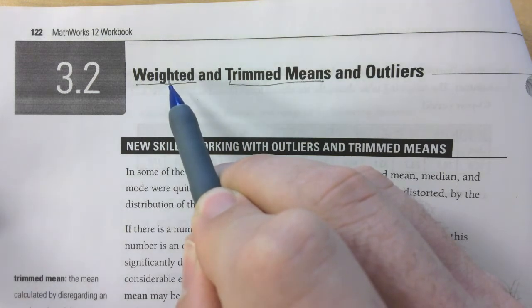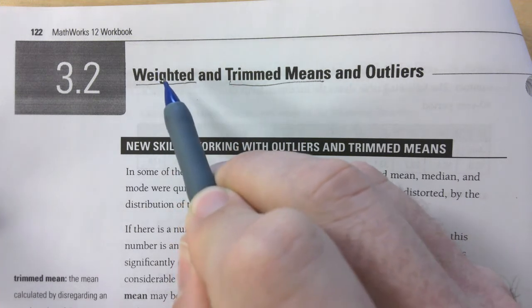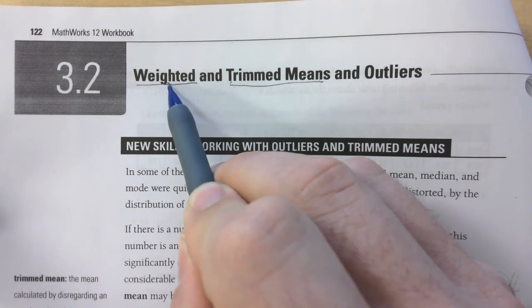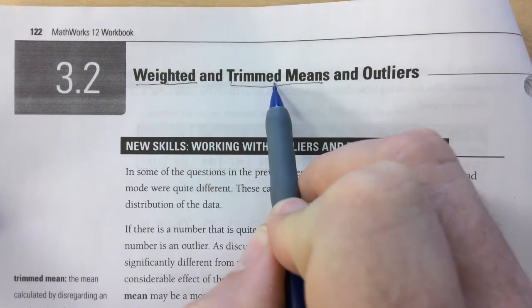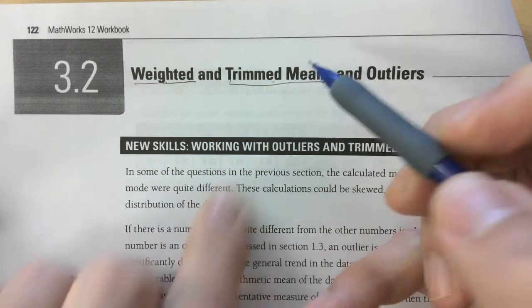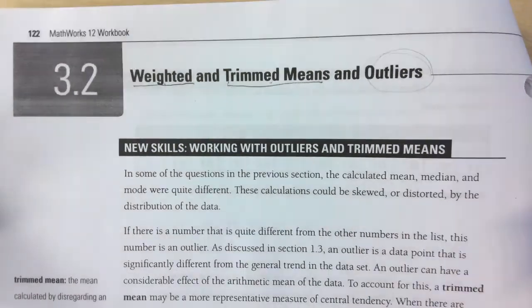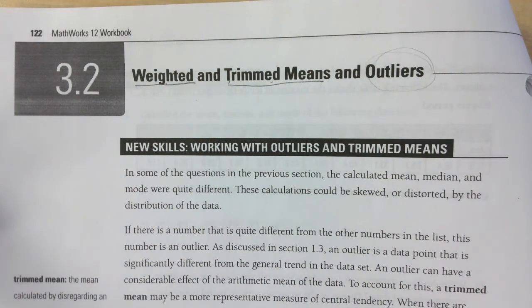Quizzes are weighted a little bit more than ACs and so forth. And then there's your exam. So weighted mean is going to come a little later. Today we're going to focus on trimmed mean, and trimmed mean has to do with outliers. So grab your highlighter if you have one, or underline things that we're going to talk about.